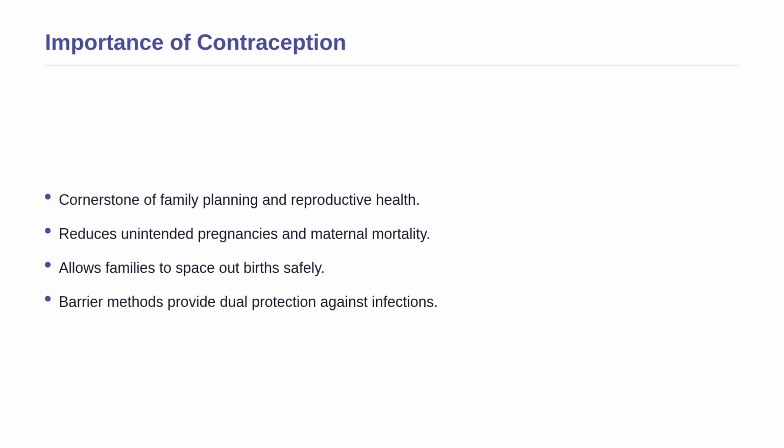Contraception allows families to space out births, which drastically improves the physical health and survival rates of both mothers and infants. Furthermore, barrier methods like condoms serve a vital dual purpose by also protecting individuals against sexually transmitted infections.